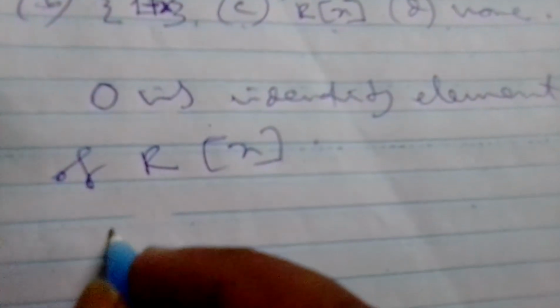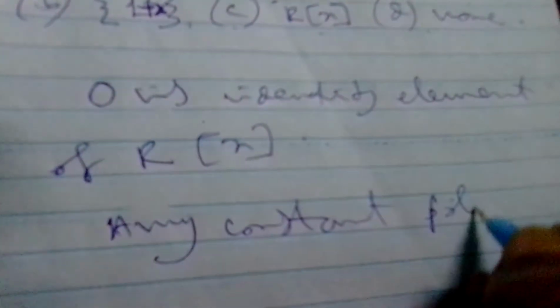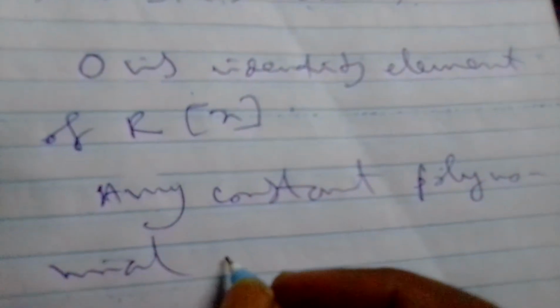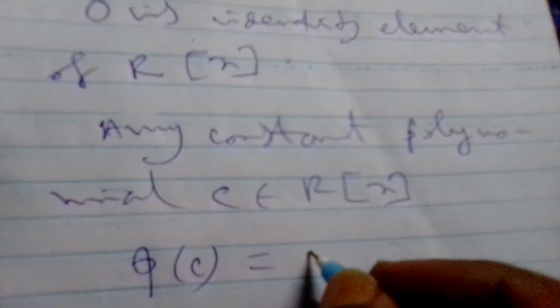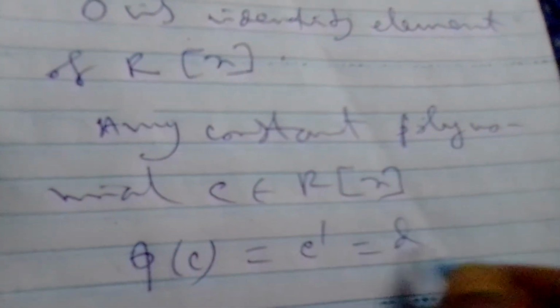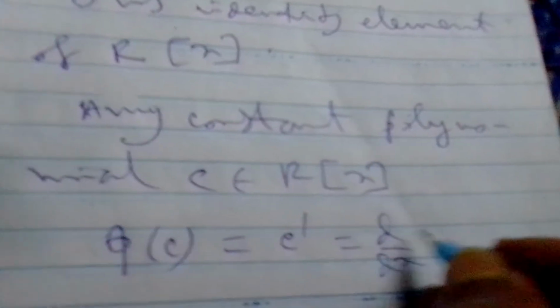So for any constant polynomial, say C, whatever it may be, belonging to Rx, if we test phi of C, that is the derivative C dash, and C dash means d/dx of some constant C, and it is clearly 0.